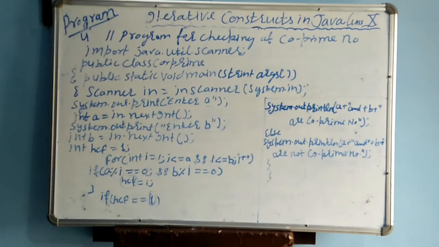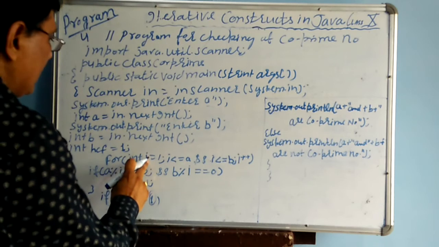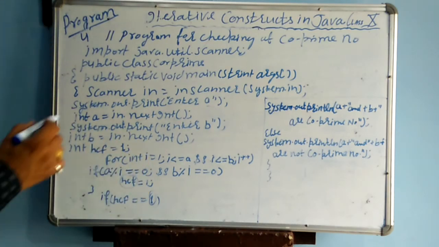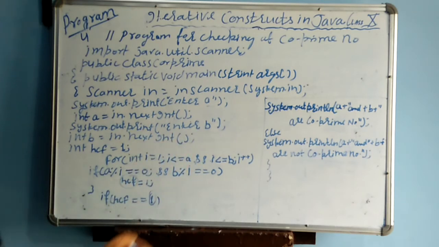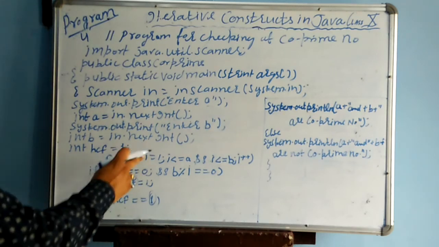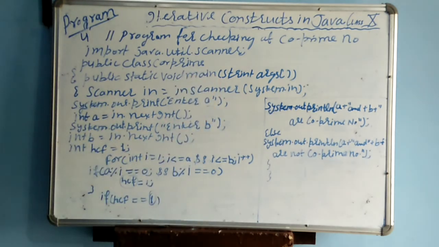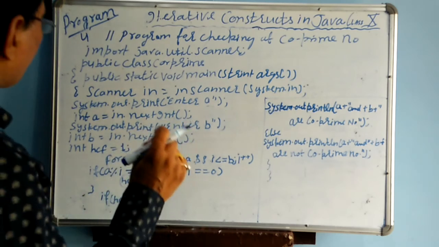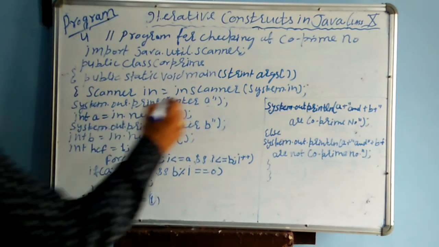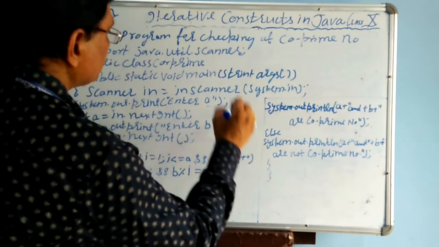Suppose the loop runs with i less than or equal to a and b. The value of i will start from 1, and the loop will run up to the value you have given. Suppose you give a as 14 and b as 15.